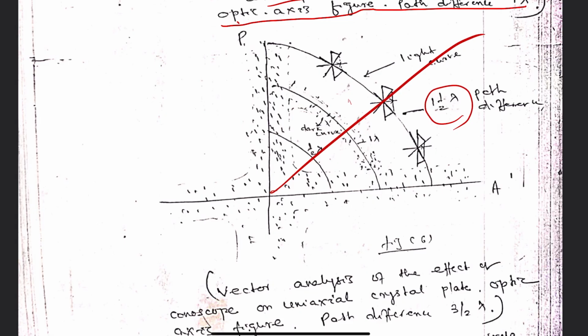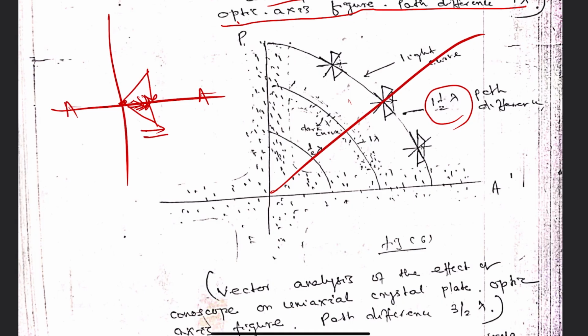So if we analyze it diagrammatically, it can be seen like this. These are the two rays. This is the other vibration direction. This will be the amplitude of vibration of the two resulting waves that pass through the analyzer plane.